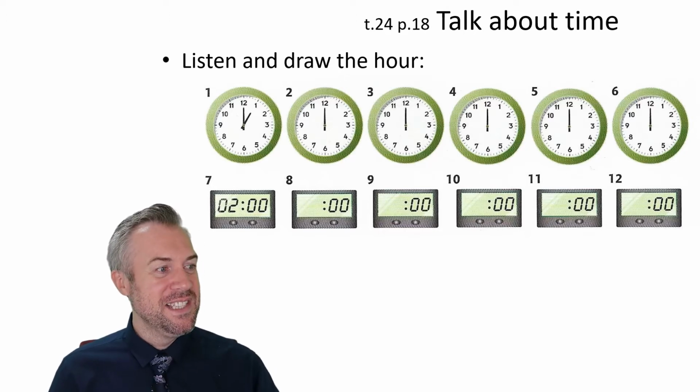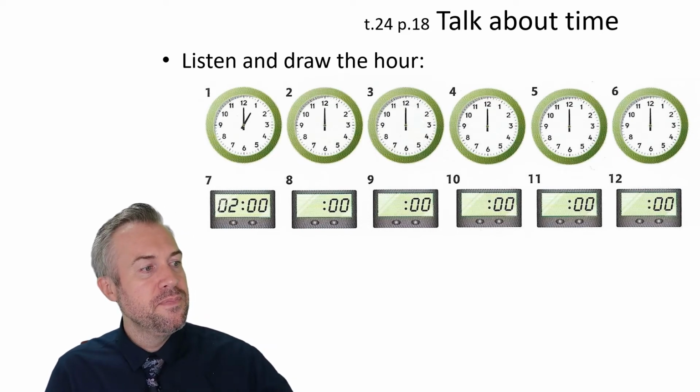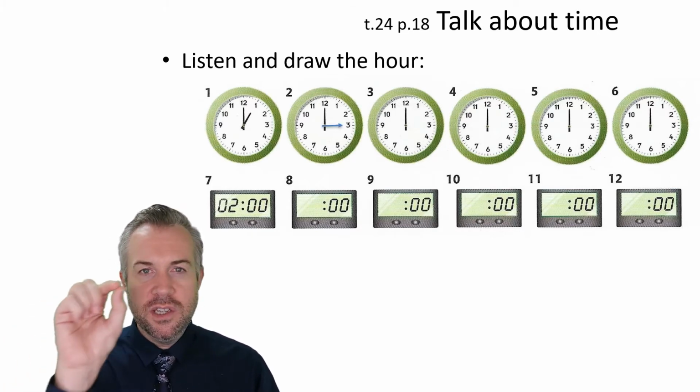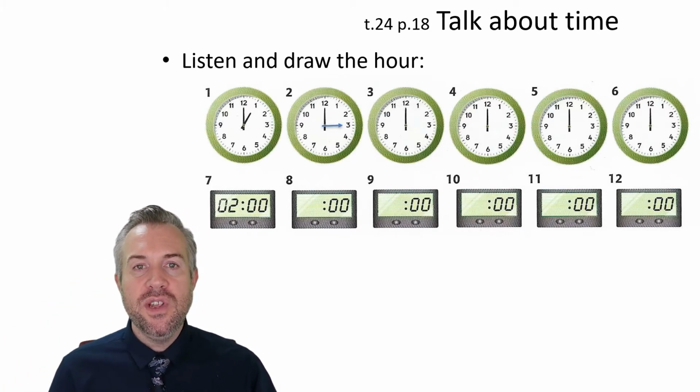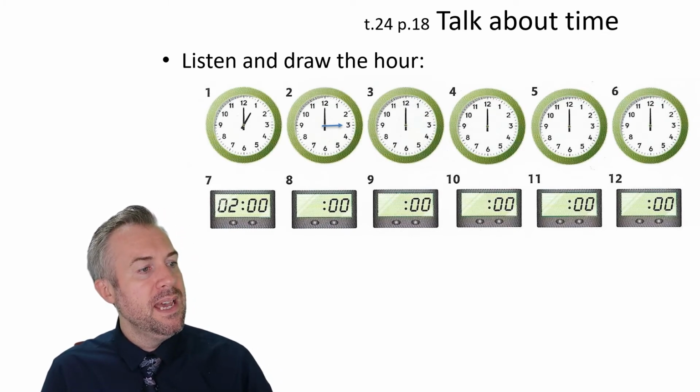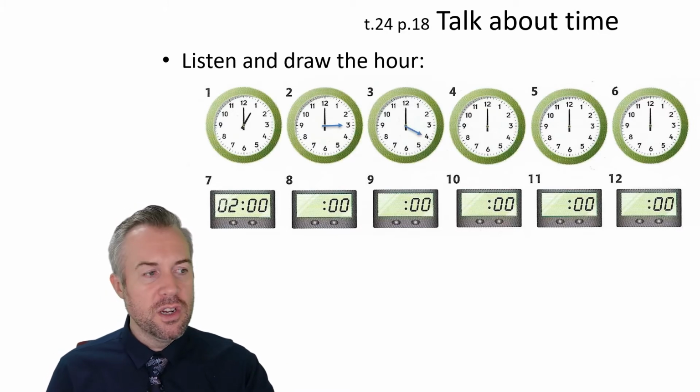Let's check the answers. Okay, so number 2 is 3 o'clock. The short hand is pointing to 3. How about number 3? It's 4 o'clock.